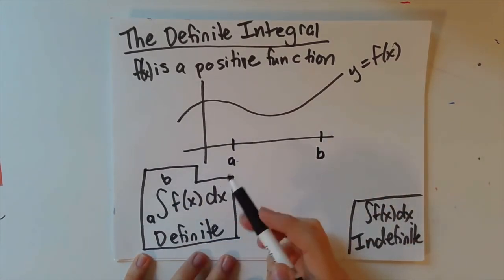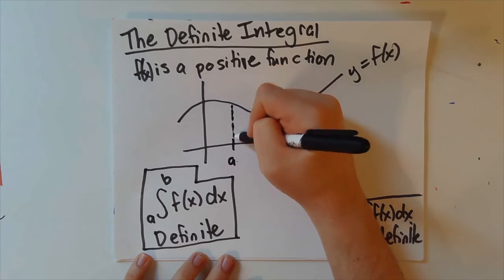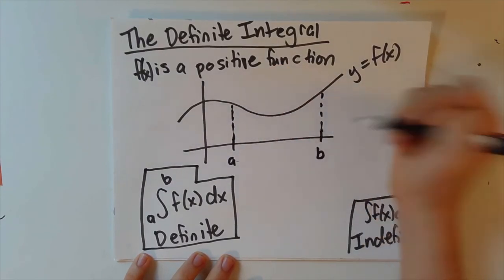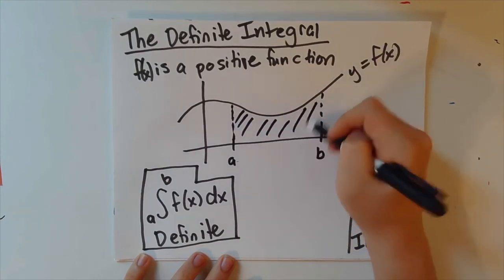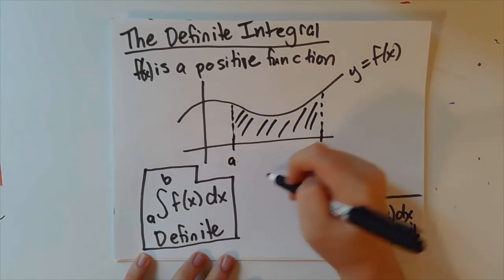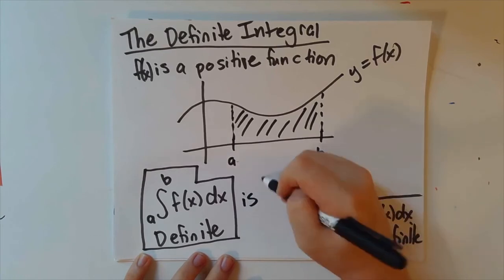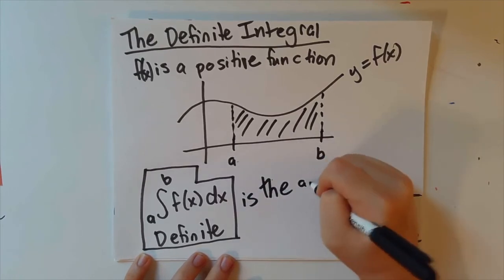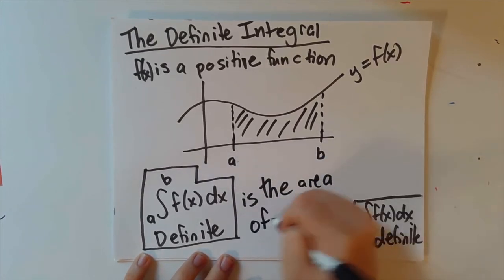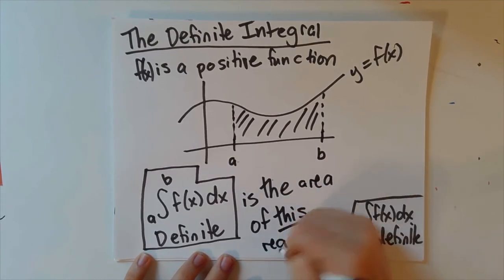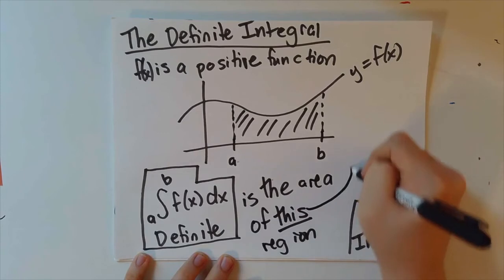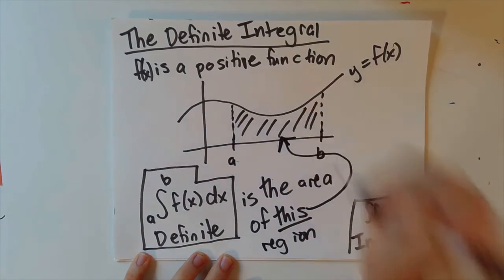And then this definite integral is the area of this kind of rectangle. So this thing is the area of this region. Okay, and I'll put an arrow there pointing at the region.